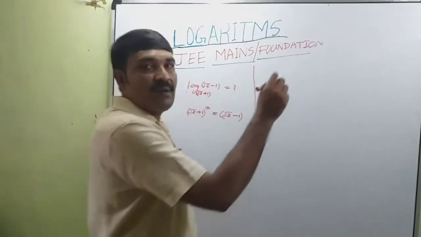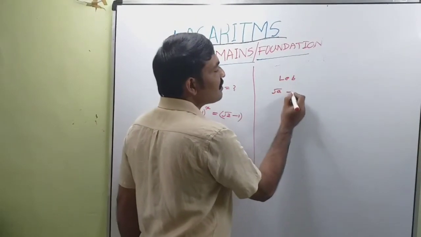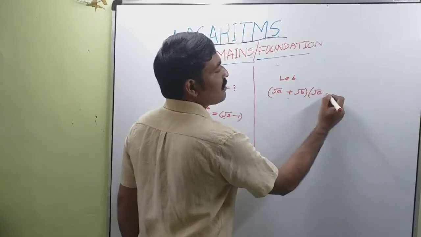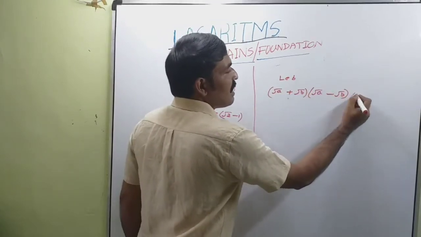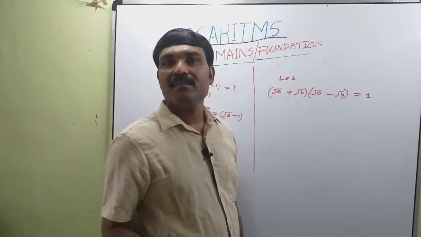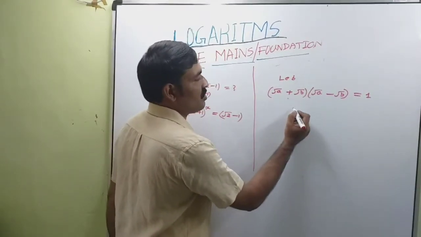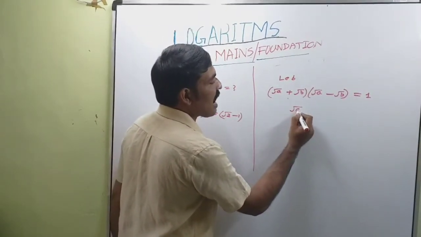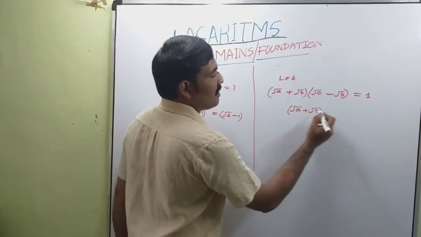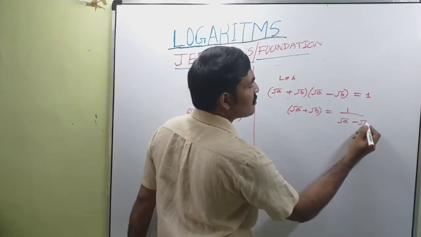Okay, let root a plus root b into root a minus root b is equal to 1. Here a and b are positive real numbers. Then we can write root a plus root b is equal to 1 by root a minus root b.